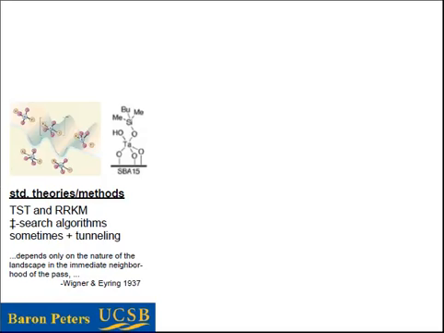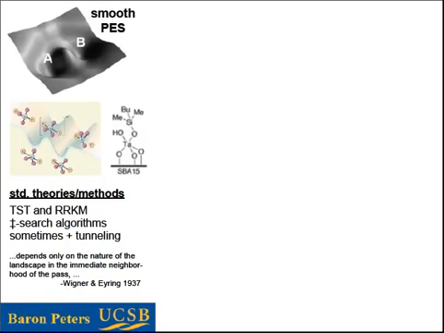The reason that these ideas work is because the potential energy landscape on the scale of the bonds that are being broken and formed looks pretty smooth. That is to say, over here the bond hasn't broken yet, and over here the bond is broken and a new bond has formed. And as you move from one basin to another, you really can trace along a nice smooth path that passes through a saddle point that corresponds to the breaking and making of those new and old bonds.